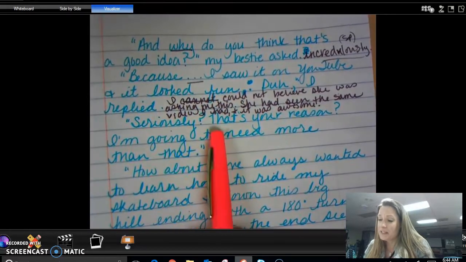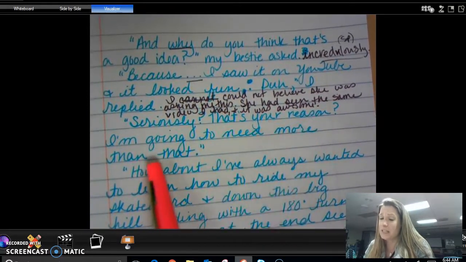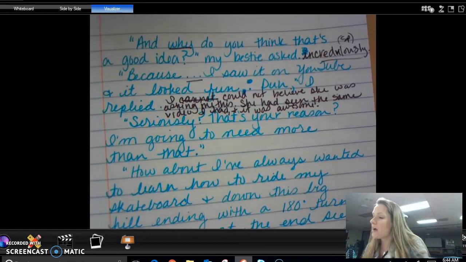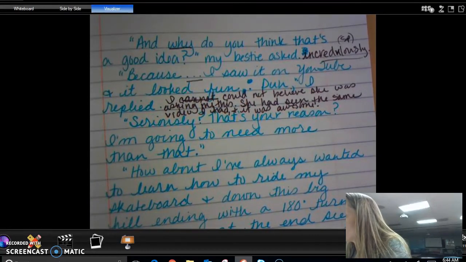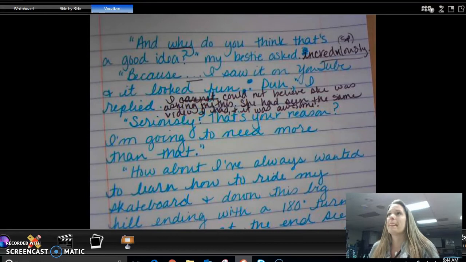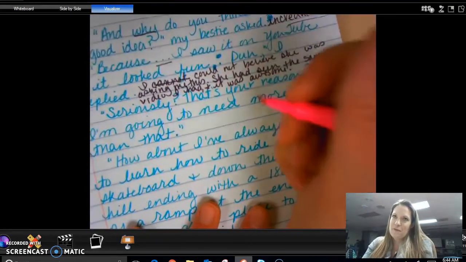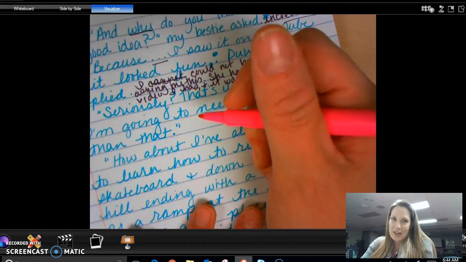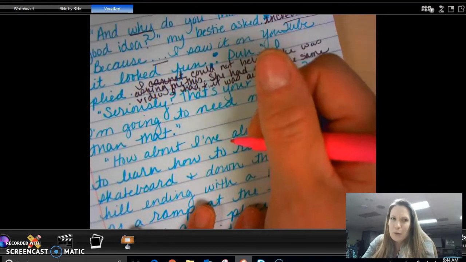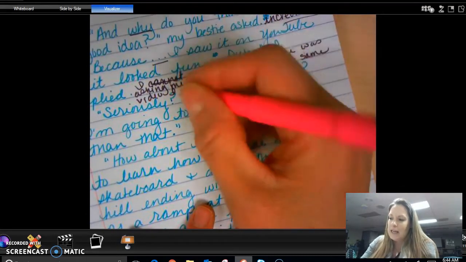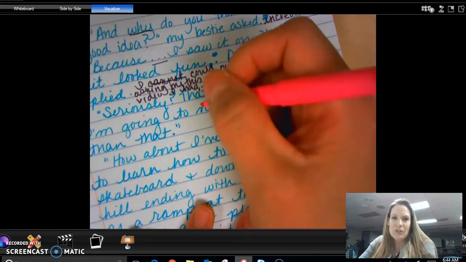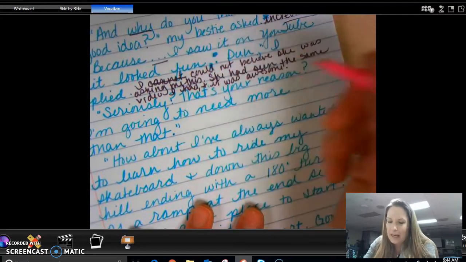"Okay, seriously, that's your reason? I'm going to need more than that." So now let's try the other one. I'm going to describe the way that she's looking at me during this conversation, because I can just envision this character standing there staring at this person, head leaned forward, eyes wide, mouth agape, just going, are you kidding me right now?